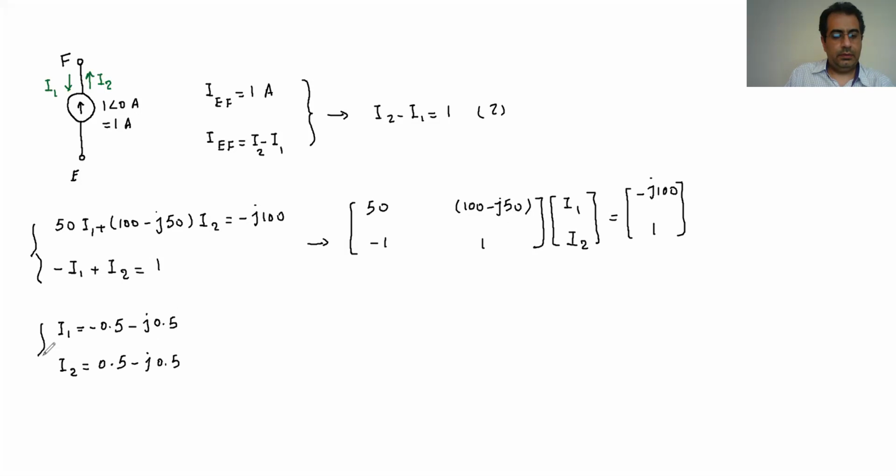These are the phasor values. If I write I1 as negative 0.5 minus j0.5, you can write it in polar format: 0.7071 with an angle of negative 135 degrees.